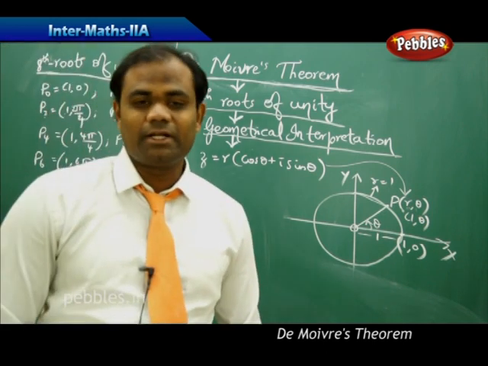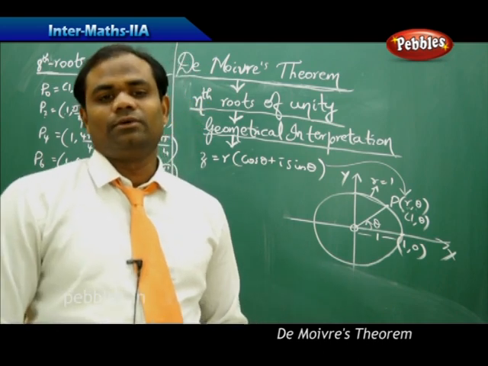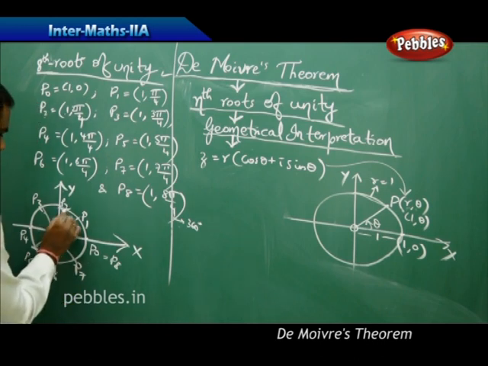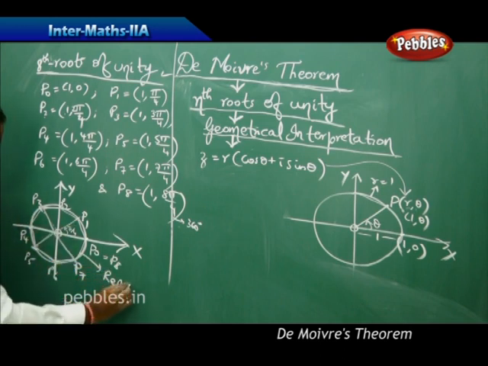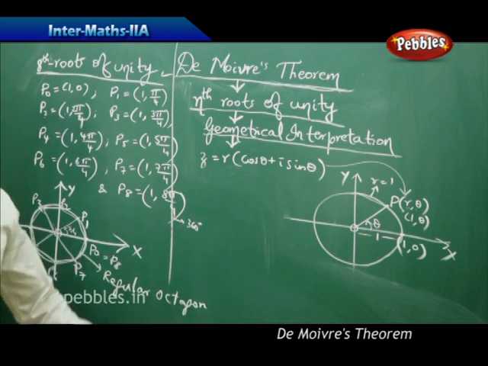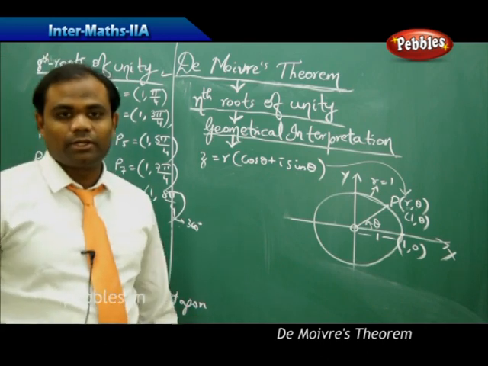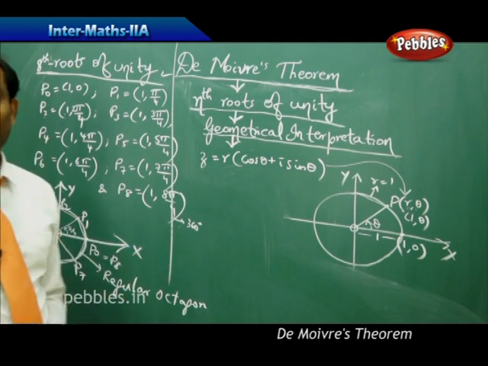So geometrically we understand the nth roots of unity as points on the unit circle, which when joined give us an 8-sided closed figure, which is called a regular octagon. So on joining, this gives us a regular octagon, which is an 8-sided figure formed by joining each of the points P0, P1, P2, and so on till P8.